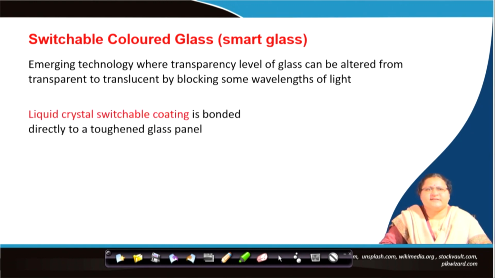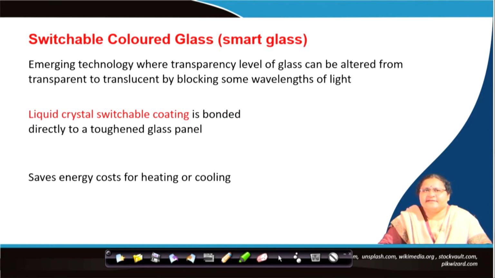And how is it done? It is a liquid crystal switchable coating which is bonded directly with this toughened glass or the tempered glass, and it will allow you to keep on changing the transparency level from time to time. Hence, this is also called smart glass.